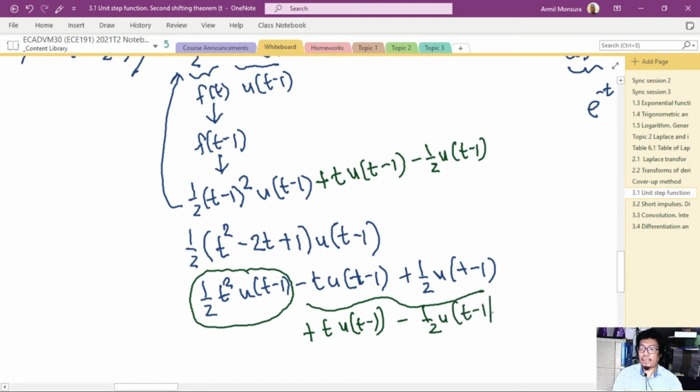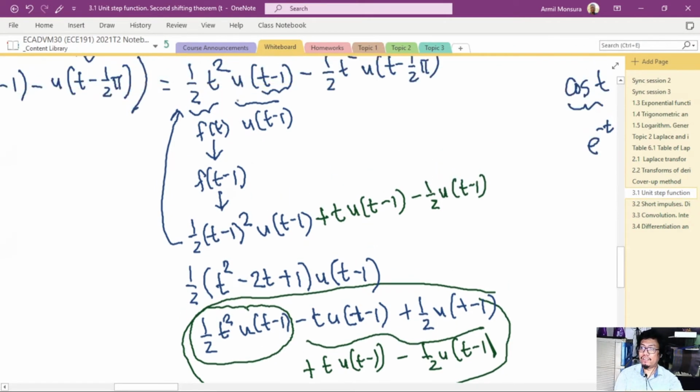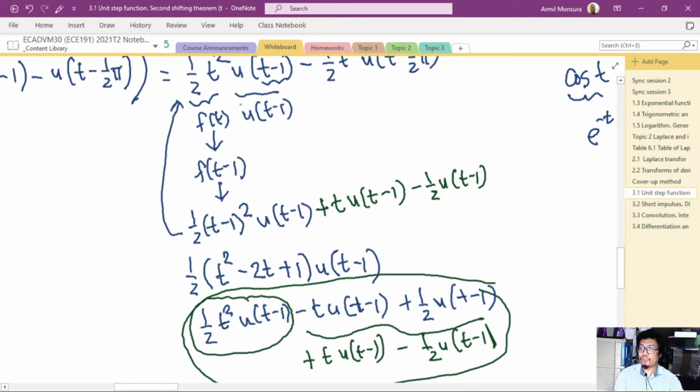And evaluating this entire expression would lead you back to the original term, which is this one. So now we are sure that this expression, including these terms, and this expression are now equal.